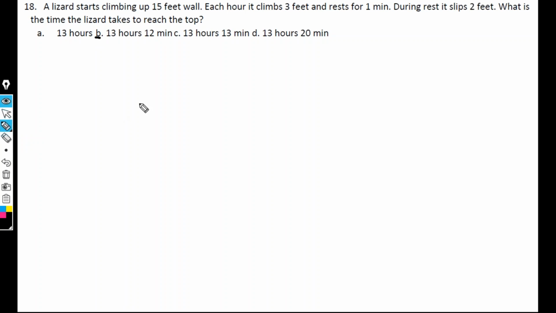Okay, now let's solve it. Here in this case, it is given to us that the total work to be done is 15 feet. In 1 hour, it will climb 3 feet, and then it rests for 1 minute, in which it slips 2 feet. So in 1 hour 1 minute, the work done is only 1 foot. So here the catch is again the same.